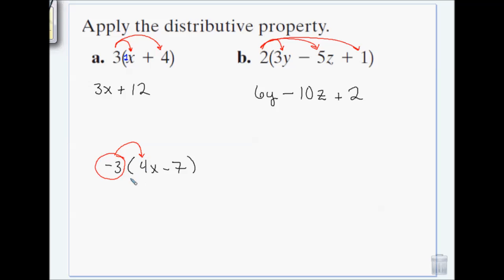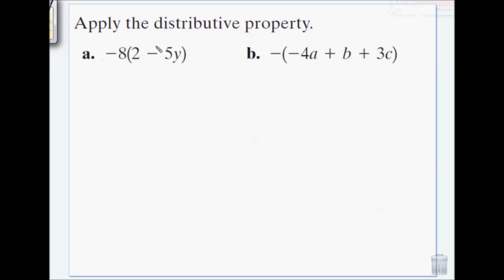So it's negative 3 times 4, negative 3 times negative 7. Okay, so that's negative 12x and then plus 21. Okay, so don't leave those negatives behind. Right? If it's attached to whatever you're distributing, it has to come in with it. And it's negative times both, not just times the first one.